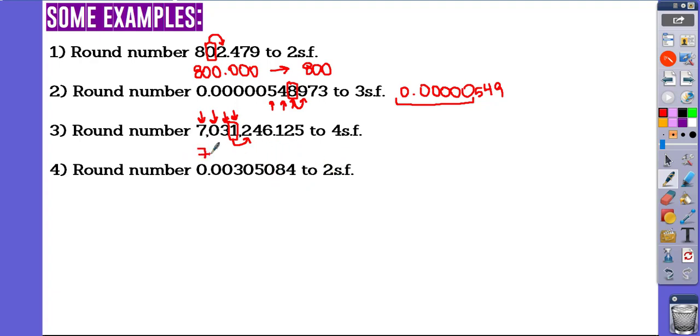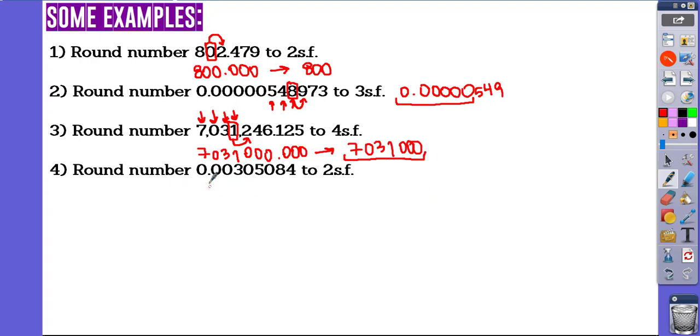We will write 703, and the 1 stays the same, and then we will complete all the number with zeros. We would write either these or 7031000 with no numbers after the decimal dot. These zeros are not useful, so if we write them, it will be correct, but we usually don't. So the number will be this one.